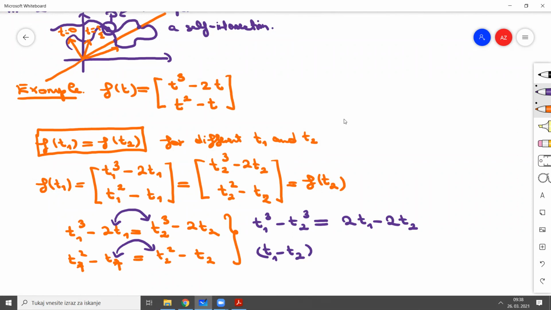On the left side, you have to remember the formula for the difference of cubes: a cubed minus b cubed is a minus b times a squared plus ab plus b squared. For us, a is t1 and b is t2. So I get t1 squared plus t1 t2 plus t2 squared. And on the other side, I just factor out 2, and I get 2 times t1 minus t2.